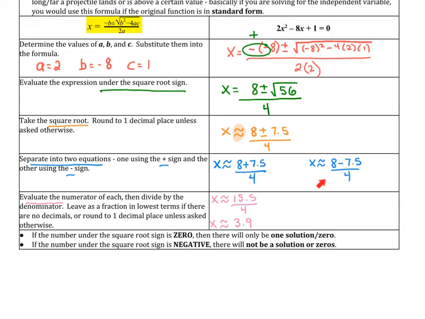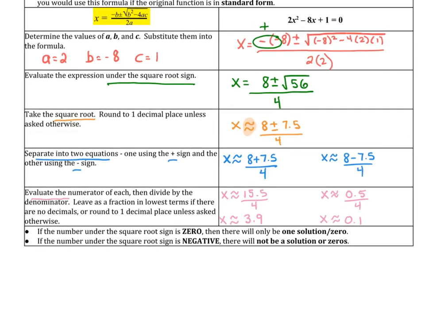Then, in your second solution, 8 subtract 7.5 is approximately 0.5, over 4. And when you divide by 4 and round to 1 decimal place, you get approximately 0.1. So that's what you do.